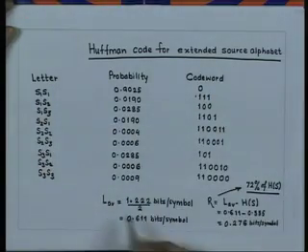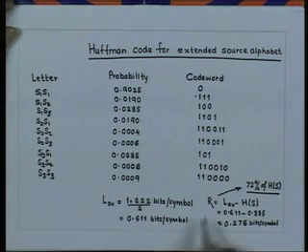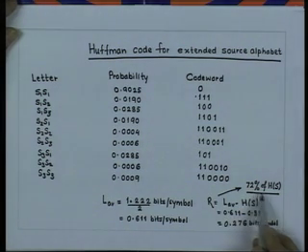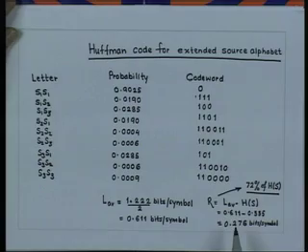The average length comes out to be, in terms of the original source, 0.611 bits per symbol. So, redundancy is equal to 0.276 bits per symbol. Still, this redundancy is 72% of the entropy.